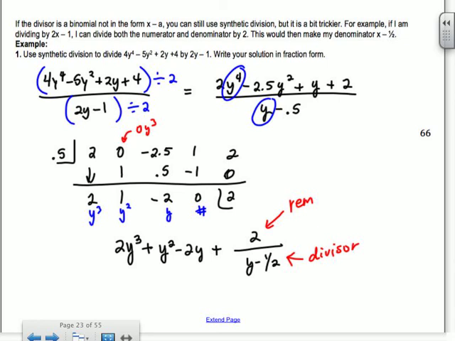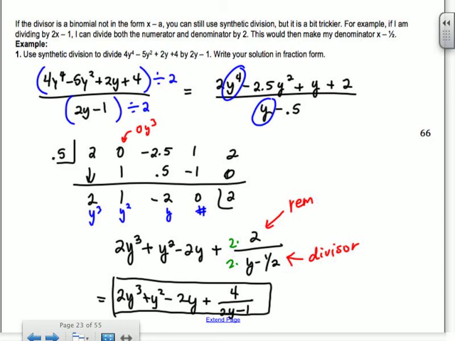Yeah, you have like a fraction over a fraction. So what could you do to get rid of the fraction over a fraction? Yeah, multiply by 2 over 2. Just like you did originally, you divided by 2 over 2. Now let's multiply by 2 over 2. Okay, so you get 2y cubed plus y squared minus 2y plus 4 over 2y minus 1. So that would be your final answer.